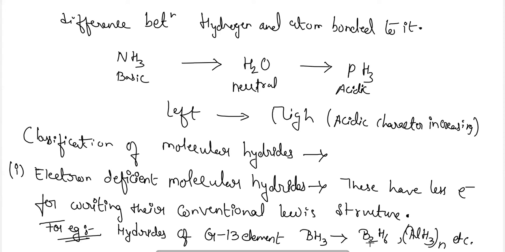In the structure of diborane, boron is shared with three hydrogens. Here only 6 electrons are present for the boron, which is insufficient for completing its octet.